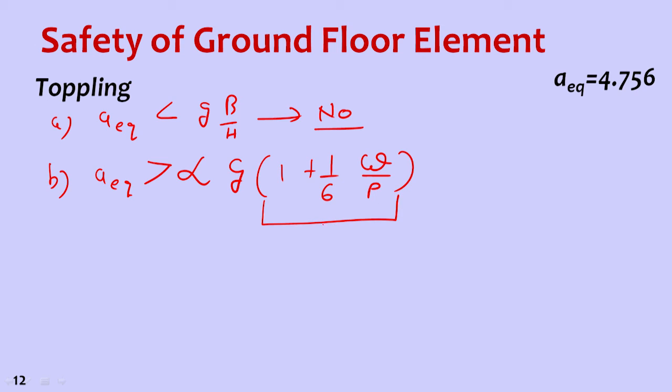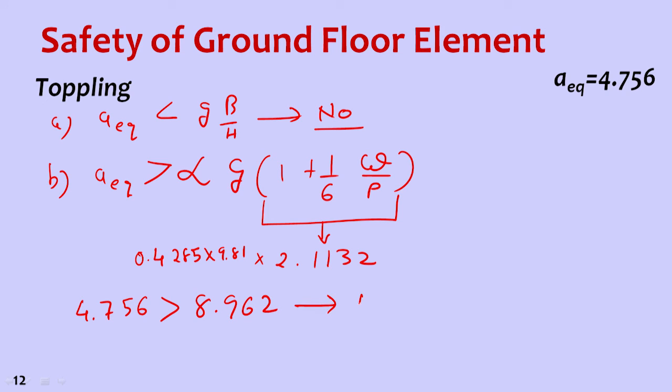Here there is no parameter which can change the P value, hence we can directly go with the earlier value of 2.1132. Alpha is the only value which will change, which is 0.4285, and into 9.81. So this will give me 4.756 greater than 8.962. So this condition is also not meeting. So we can say that if both are not meeting, it is safe.